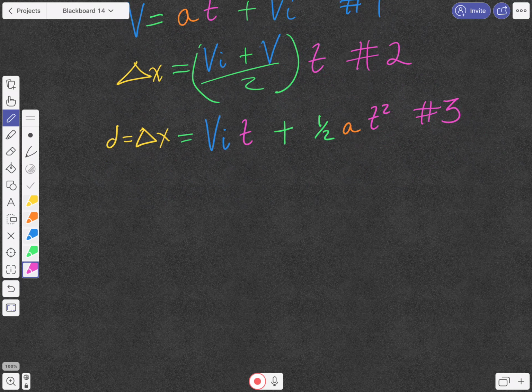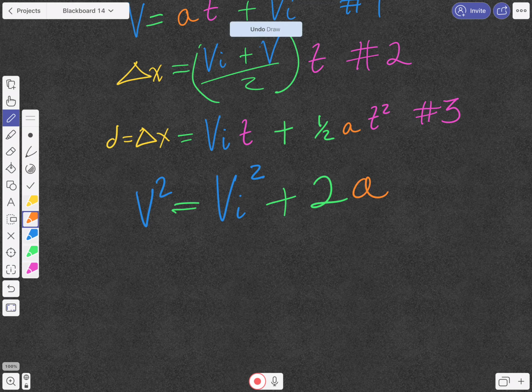And then our 4th equation was the last thing we derived, and this was our time-independent equation, which was velocity squared is equal to velocity initial squared plus 2 a times our change in distance.